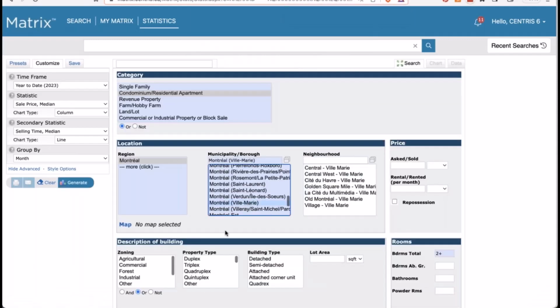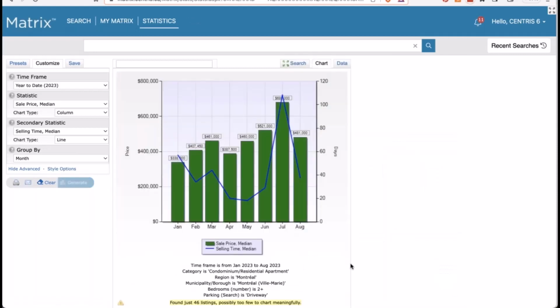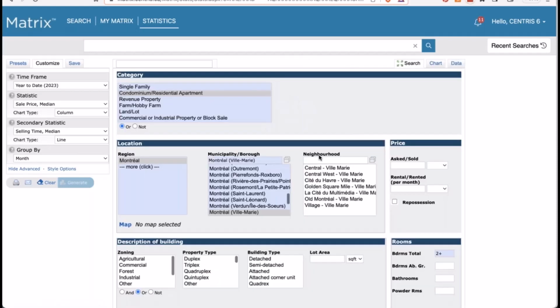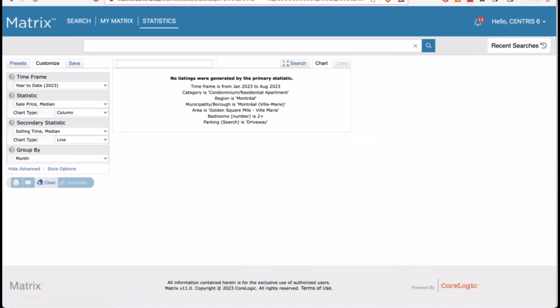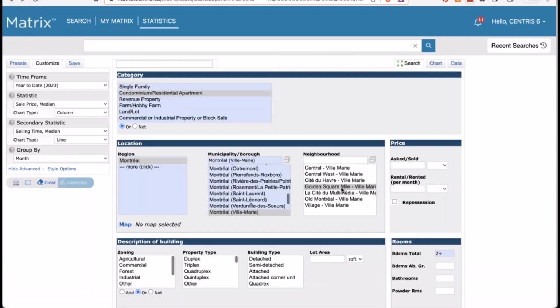I'll switch it up here. Okay, so I have another graph here. I just changed borough because somebody wanted the specific borough. So I'll do Golden Square Mile. There you are. Okay, no listings.